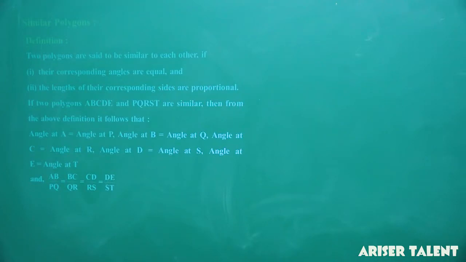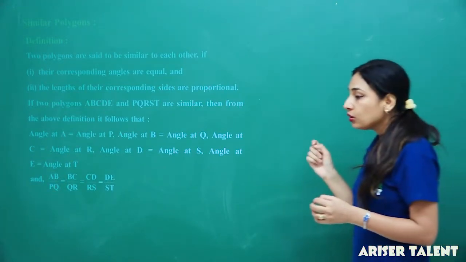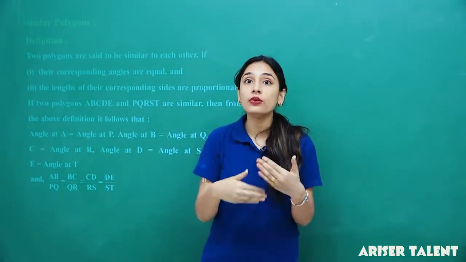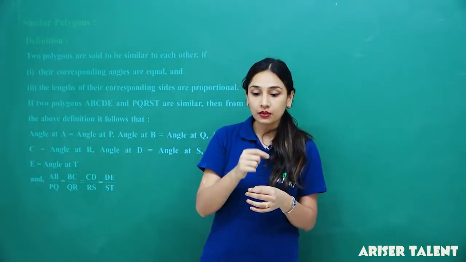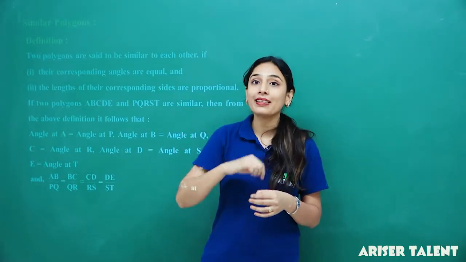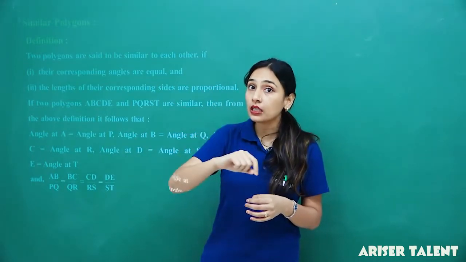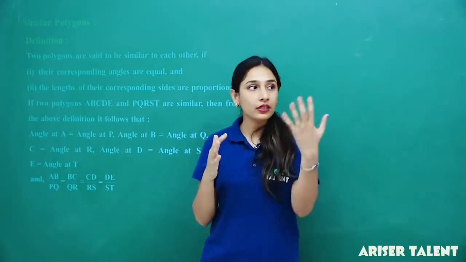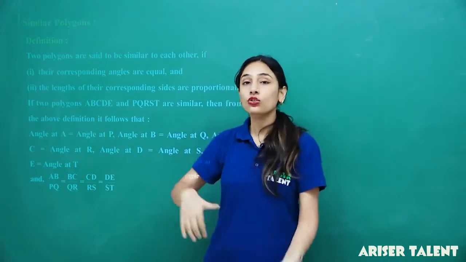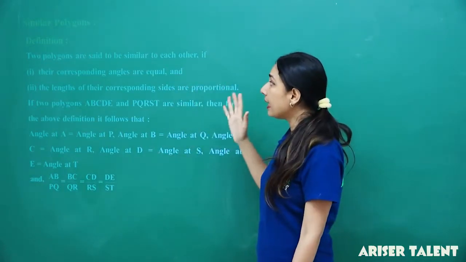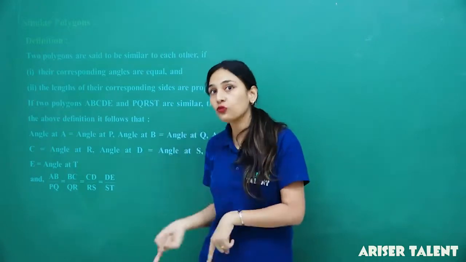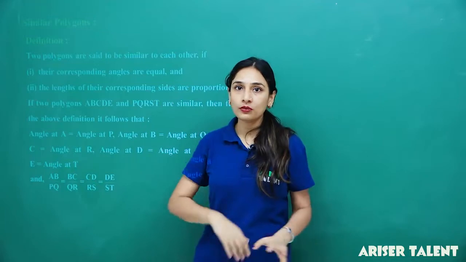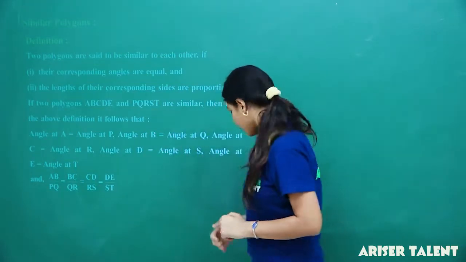It's very different when you say it's similar in your daily routine language. But when you enter into mathematics, you're going to see things with proportions, not only by looking at it. I am telling you this, and we will prove them also. We'll have some theorems, some fun theorems.